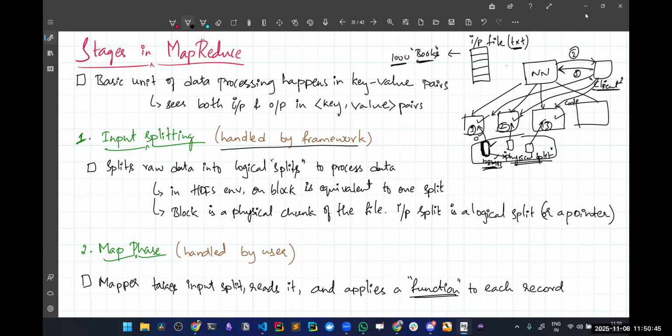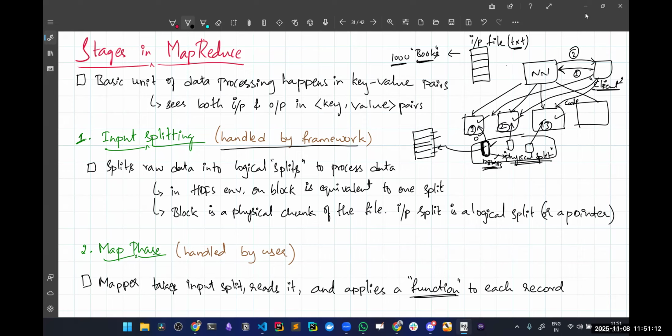Since we are handling text files here, we have a way to split the files. In our MapReduce logic, we say that you will get a lot of text data in blocks, and you need to read each line by line.